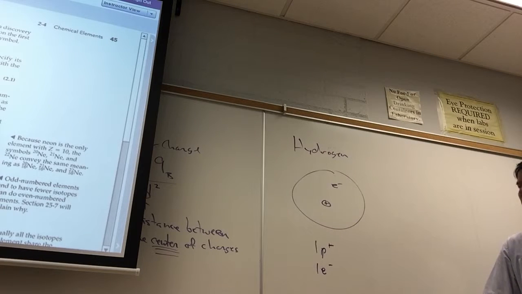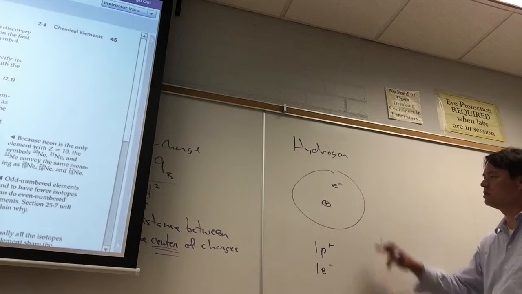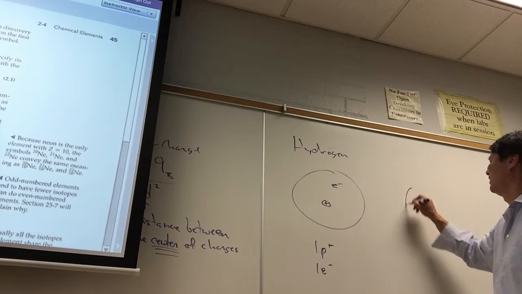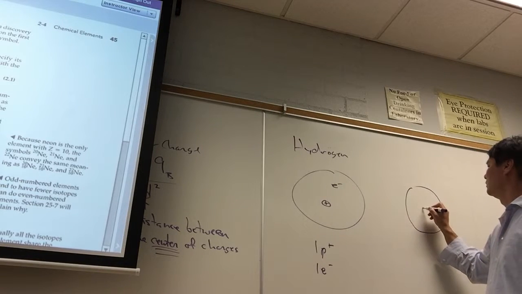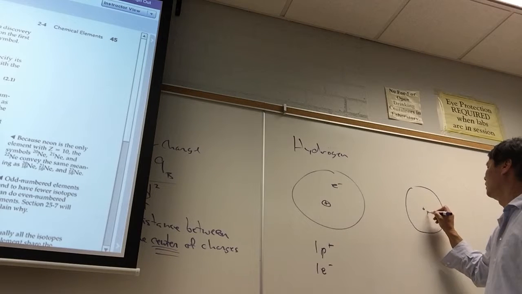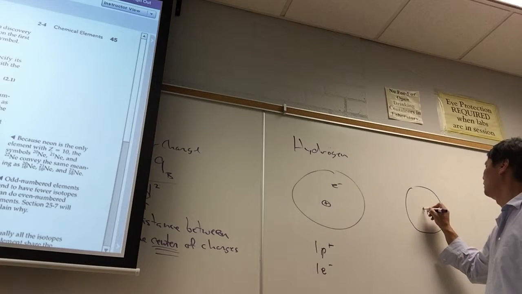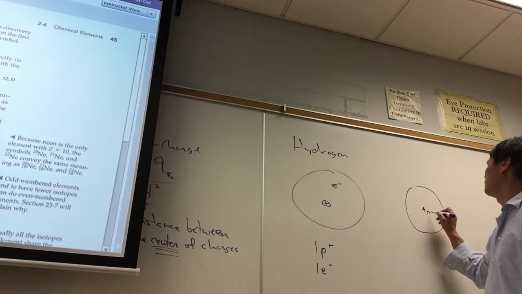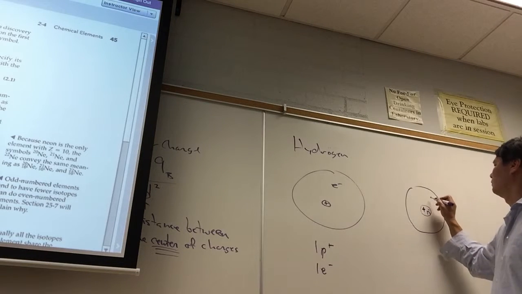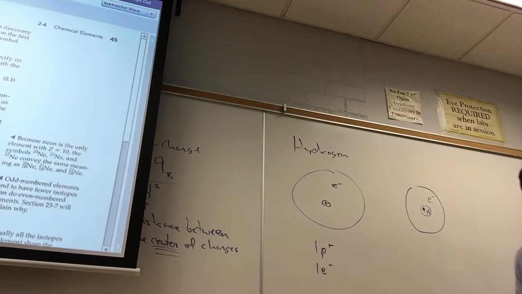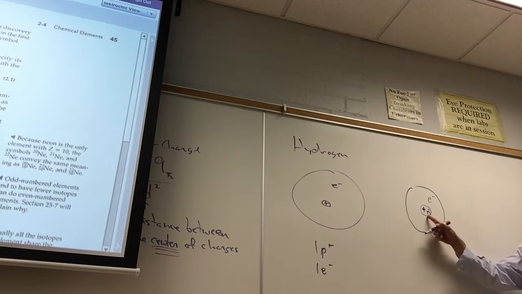If we look at all the hydrogen atoms in nature, it turns out there's another hydrogen atom that consists of a proton, a neutron, and an electron. And so this nucleus is a little different than that nucleus. This nucleus also has an additional neutron. And so this is going to weigh a lot more.